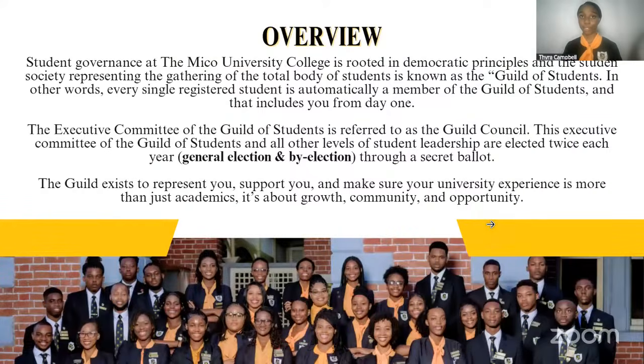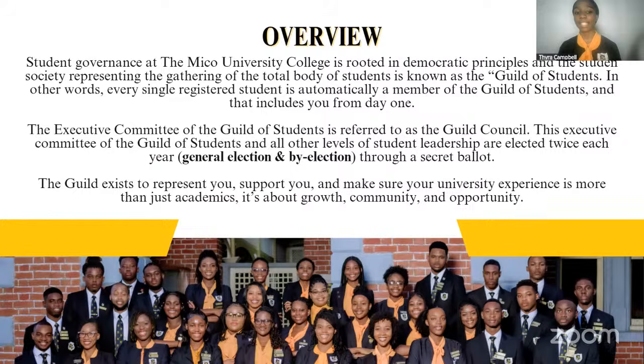Now, at the Mico University College, student governance is built on democracy, and this means that your voices matter. From the very first moment that you were registered and became students, we became members of the Guild of Students.